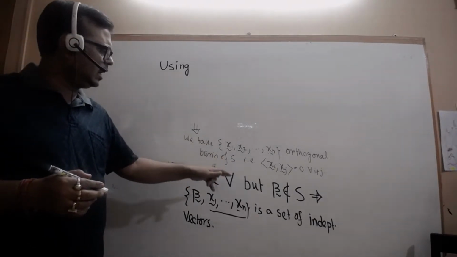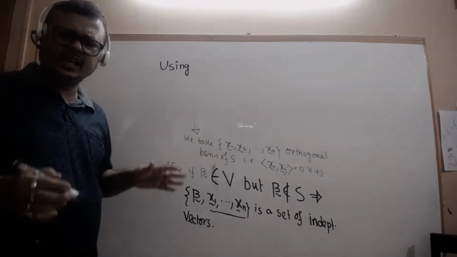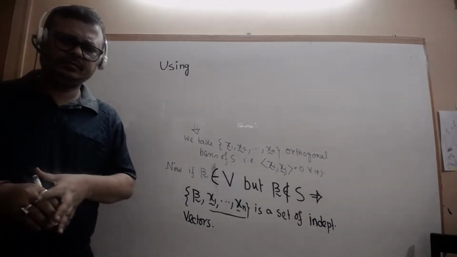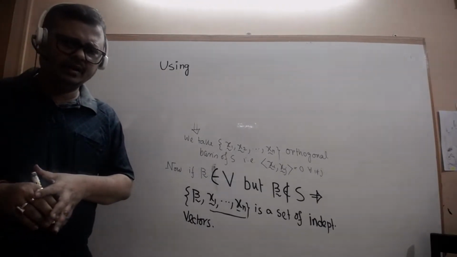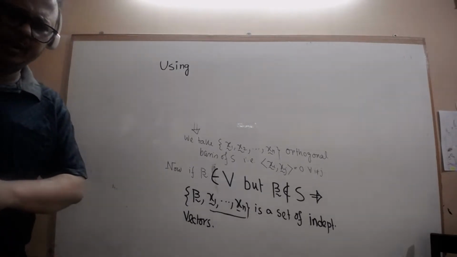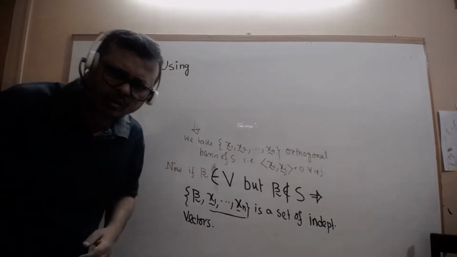This means beta curl, x1 curl, ..., xn curl is a set of independent vectors. Anirban, I am asking you, please tell me, do you agree with my argument or not? Okay, thank you.